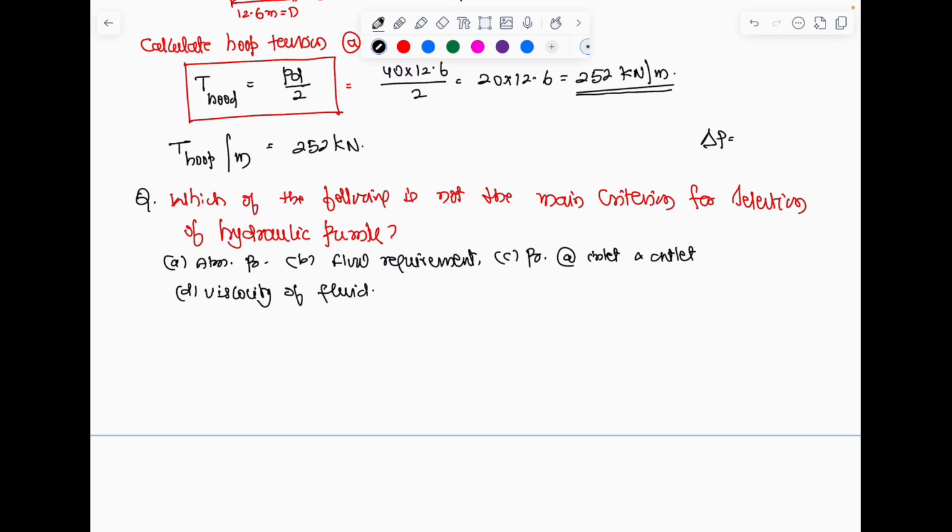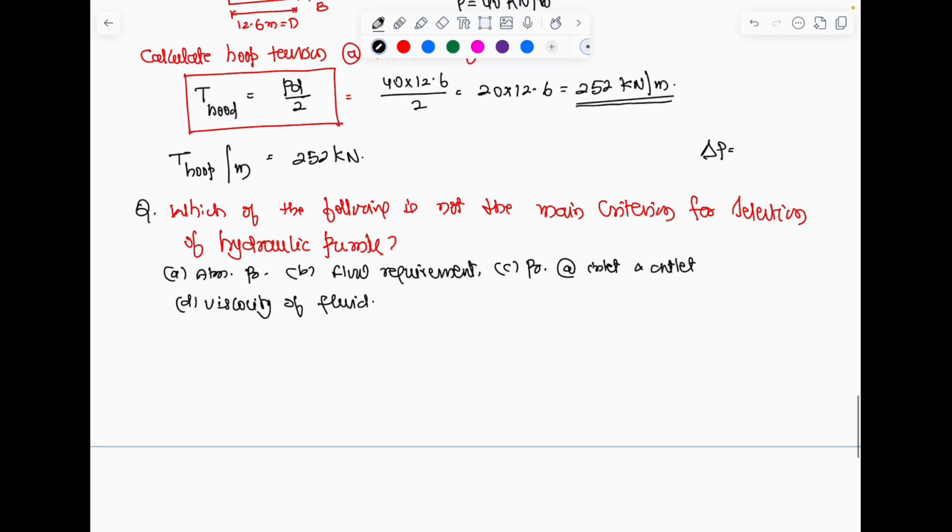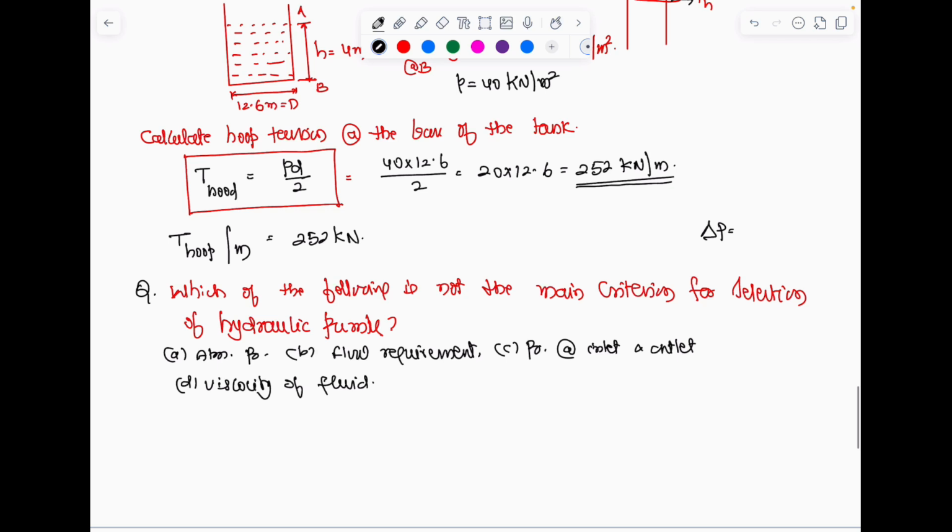Until and unless you go for the design with absolute pressures. And for the same place, if you want to design a hydraulic pump or a hydraulic system in the same city of your stay, or the same place in the same country where atmospheric pressure is the same, then that is not going to define your design.